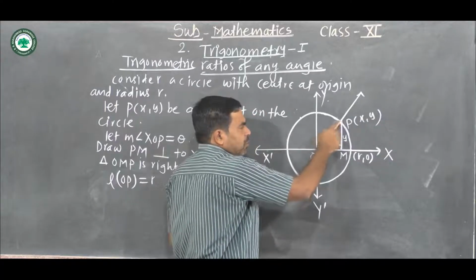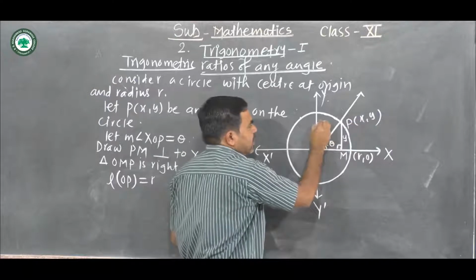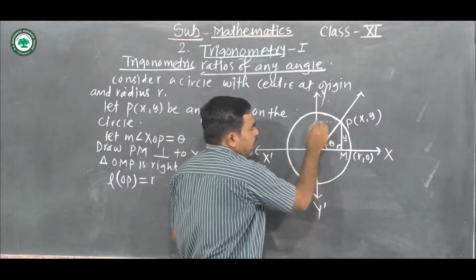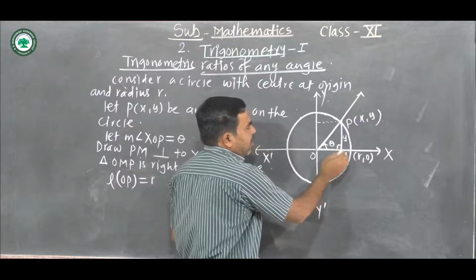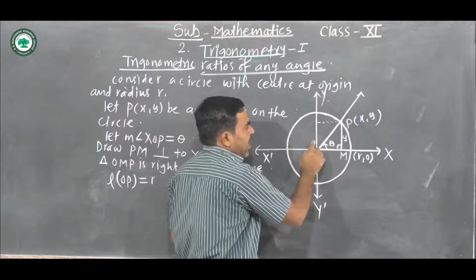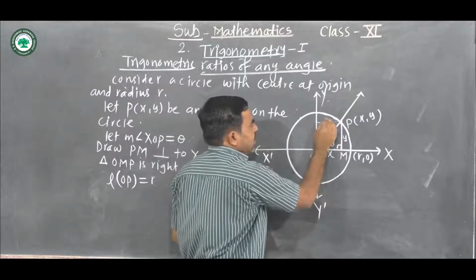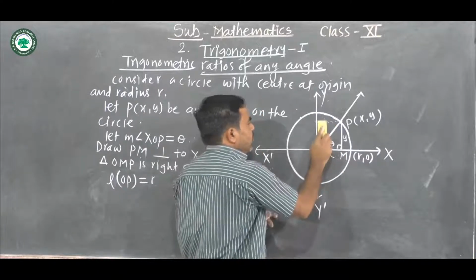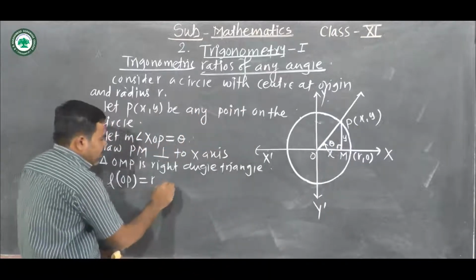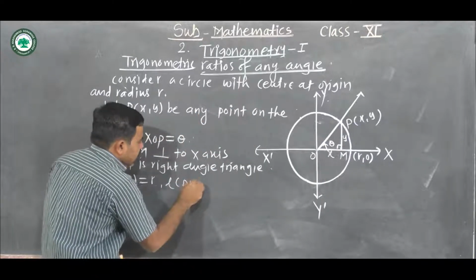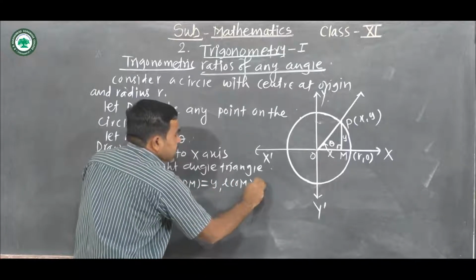The distance of the point P from y-axis is its x coordinate, and length of OM is the same because PM is parallel to y-axis. So length of OM is x. So length of PM is equal to y and length of OM is equal to x.